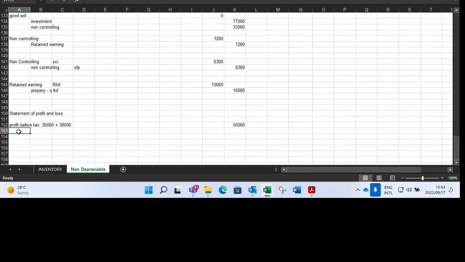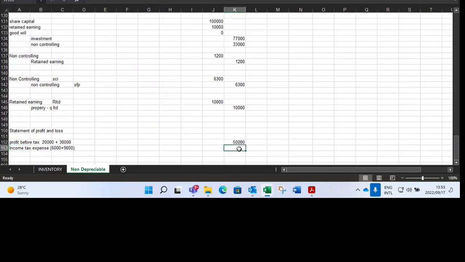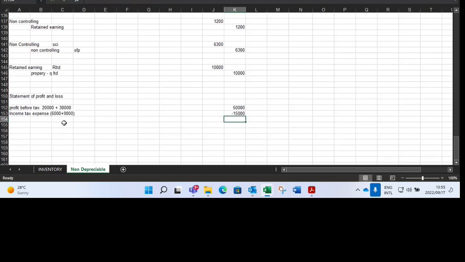And then the income tax expense. It will be 6 plus, which is 15. Then we have a profit for the year of 35.